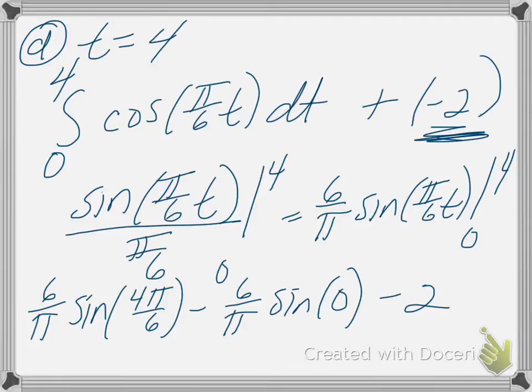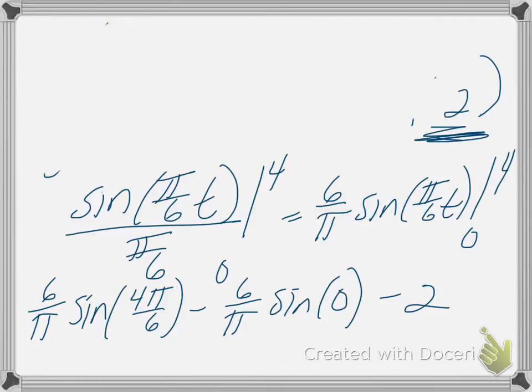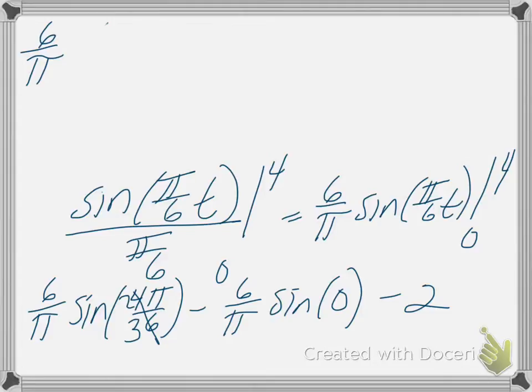I'm just going to make a little bit more room and erase up here. Okay, so we have 6 pi. Sine of, well, 4 over 6 can be simplified to 2 over 3. So sine of 2 pi over 3, we've already done that, and that's radical 3 over 2.